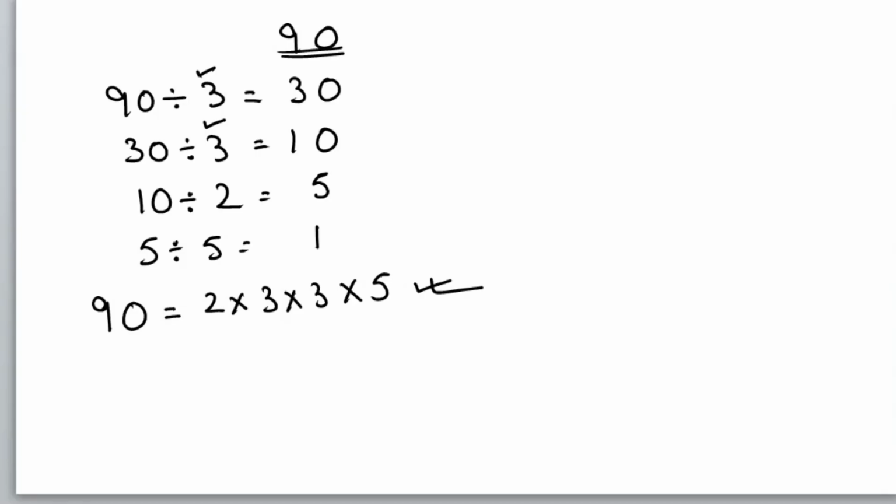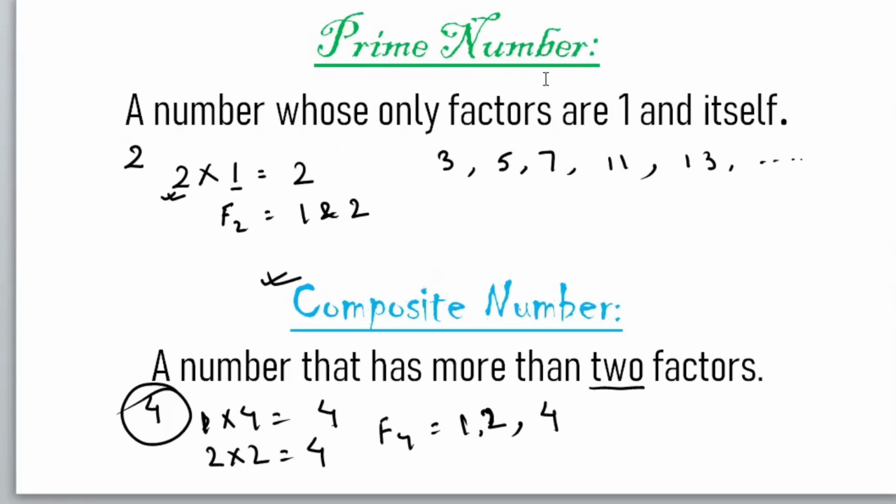So what we have covered today: we first learned what is a prime number, the number which has only 2 factors, 1 and the number itself, like 2, 3, 5, 7, 11, 13, 17, 19. Not 15, 15 is a composite number. And what are composite numbers?